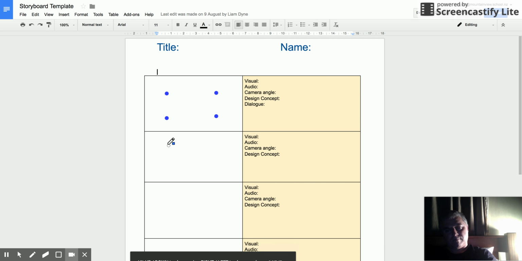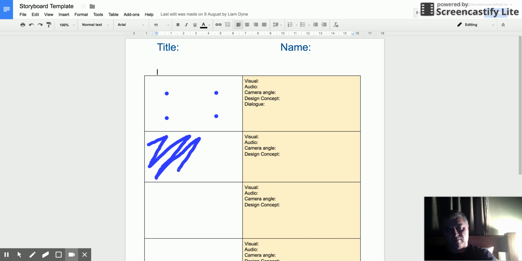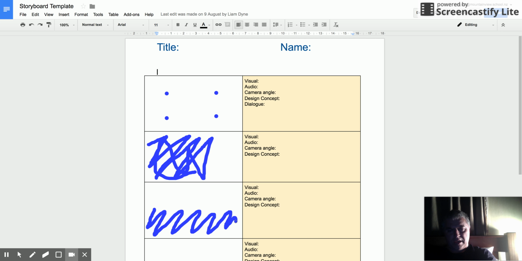Okay, and rule of thirds would be if you drew something in this area here and left this little area out there, or you drew something that took up this area here and left this part up here. Rule of thirds, hotspots. Okay, so that's two of the design principles.